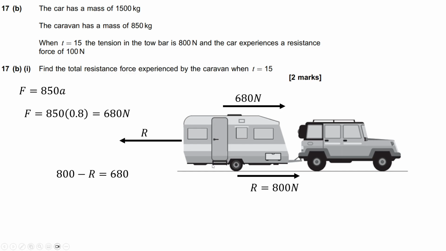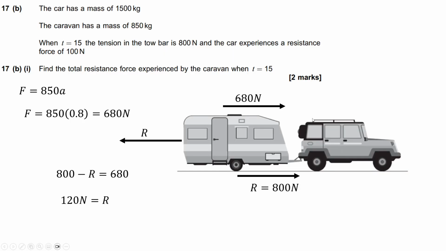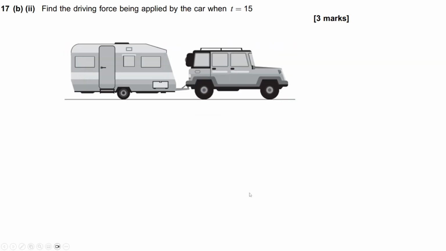If you sum these together, you'll get R equals 120 newtons. Also, let me point out, this R is actually different from the other R.